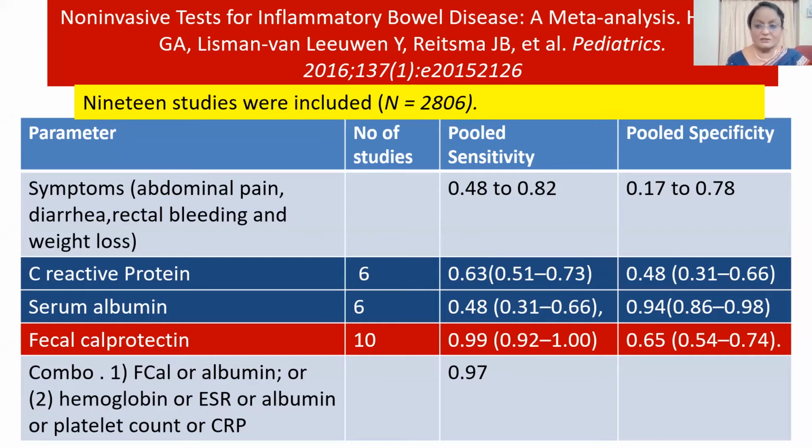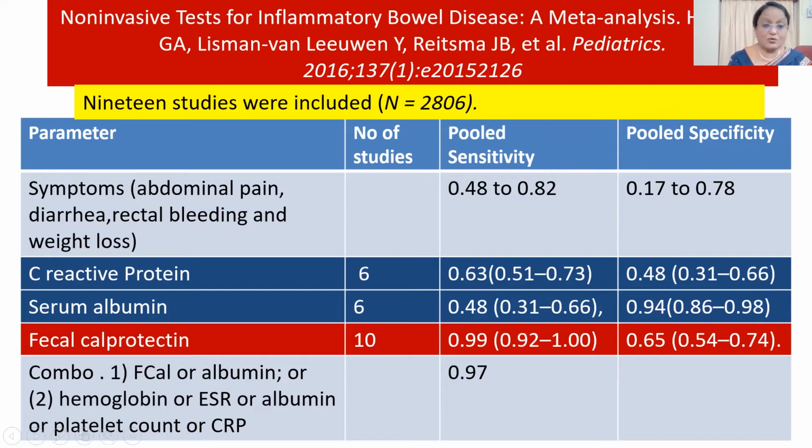Only 25% of the children have these symptoms, as we all know. But in the blood tests, two factors, namely C-reactive protein and serum albumin, were the best, but the best non-invasive fecal marker was fecal calprotectin, which was done in 10 studies with a high sensitivity, but a specificity of only 0.65 in the pooled analysis.